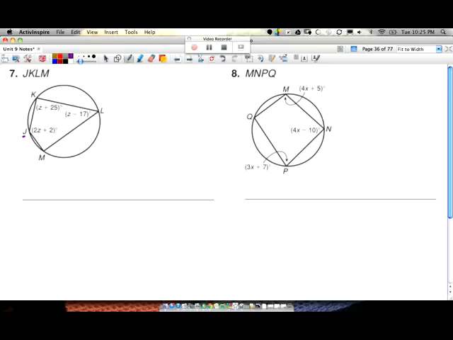Again, let's look for the ones that are opposite each other. I see J and L are opposite each other, so those two are going to add up to 180. So 2z plus 2 plus z minus 17 equals 180. Right, so 2 and 17 are going to combine to make negative 15. 2z and z combine to make 3z.